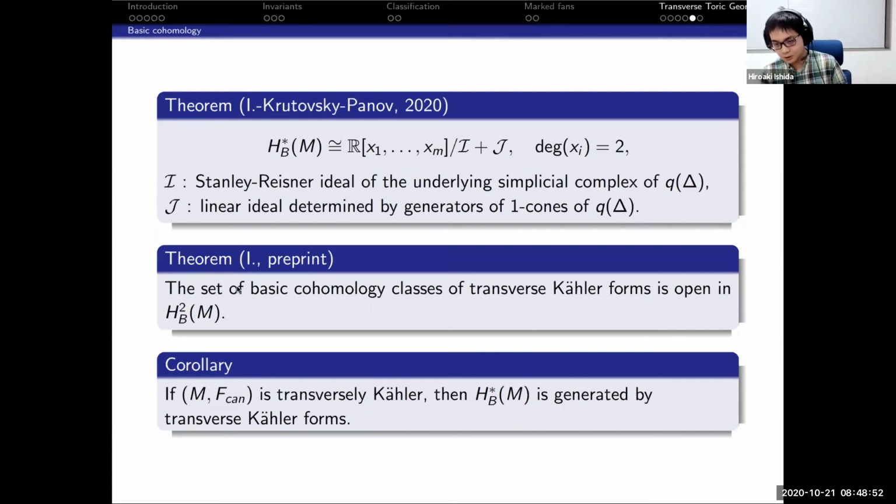The set of basic cohomology classes of transverse scalar forms is open in the second basic cohomology group.